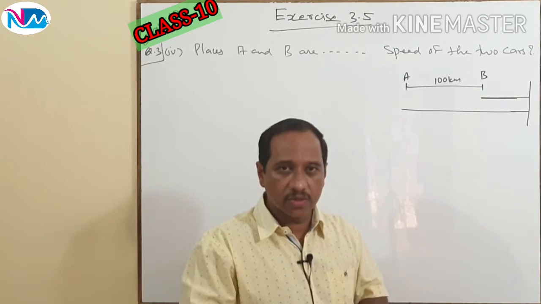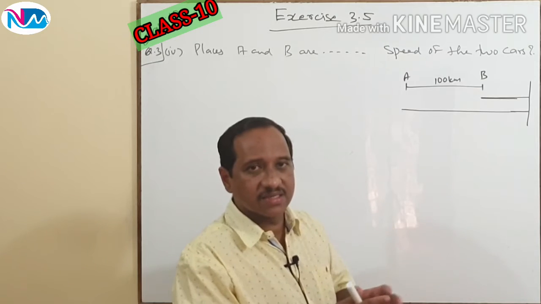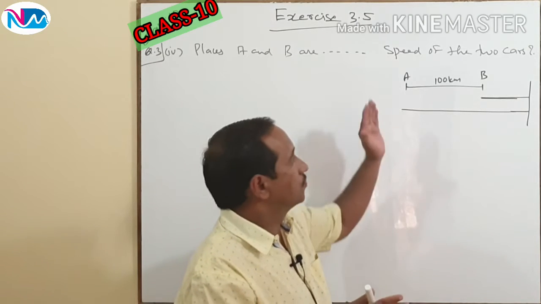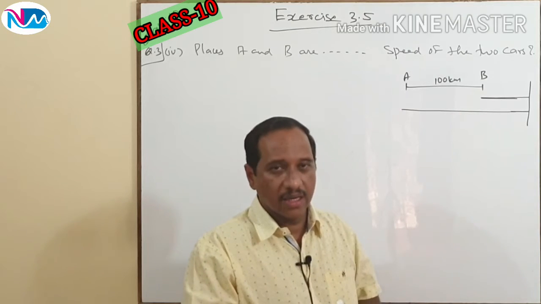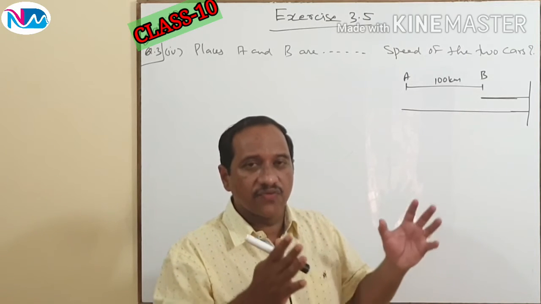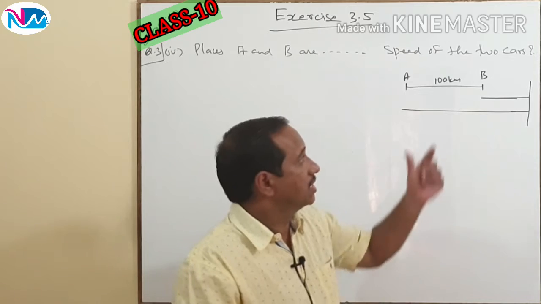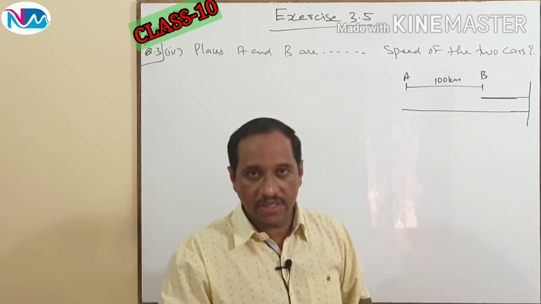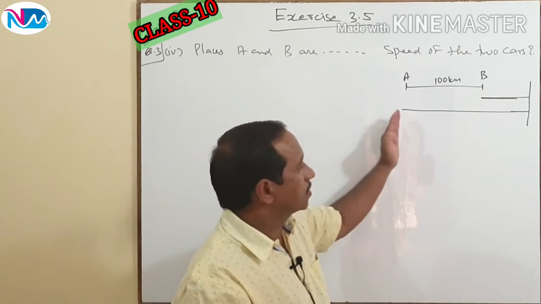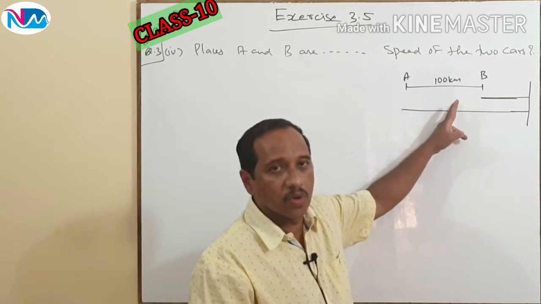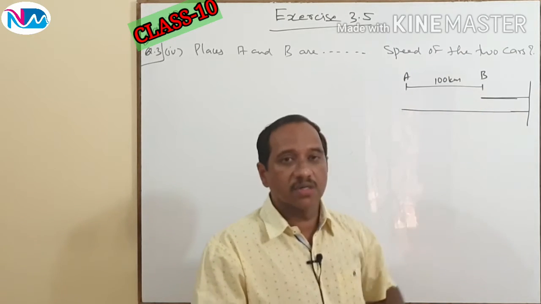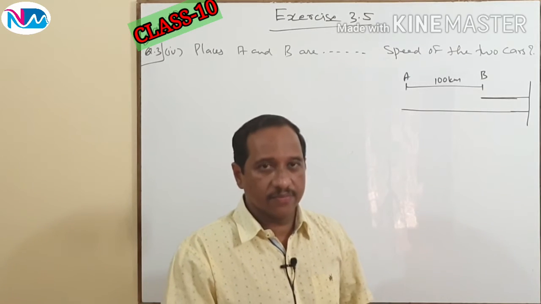So here we are going to find out the distance traveled by the car from A and the car from B, and we can say that the difference in their distances is equal to 100 kilometers, because the car from place A travels 100 kilometers more than that traveled by the car from B.